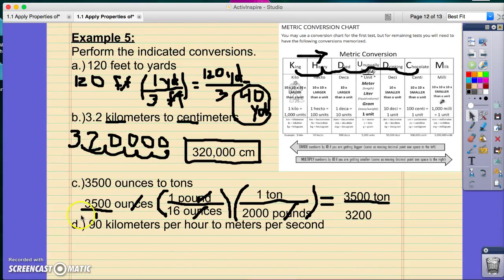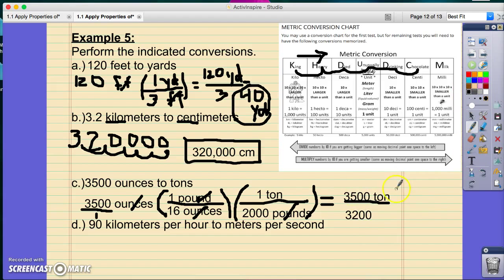And how did I get that? 1 times 16 times 2,000 is 32,000. So you see, once we know we're finished, we have just one set of units. Everything else cancels out. Last part is you're going to divide these.